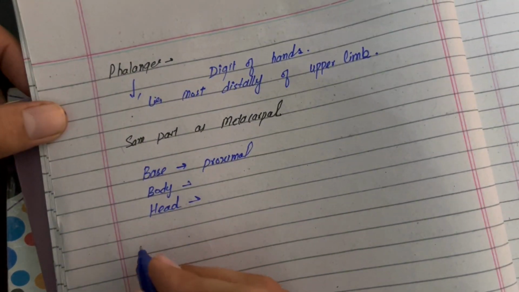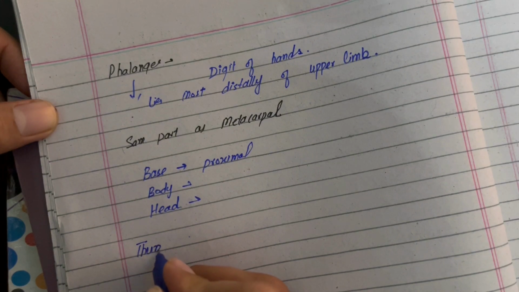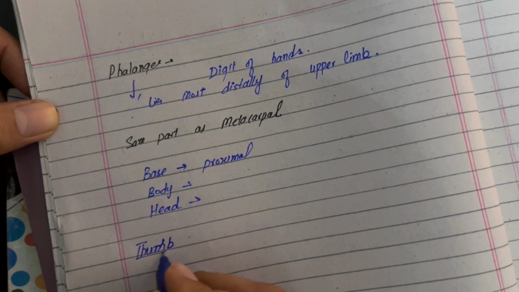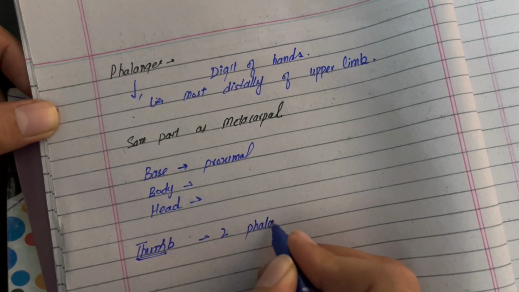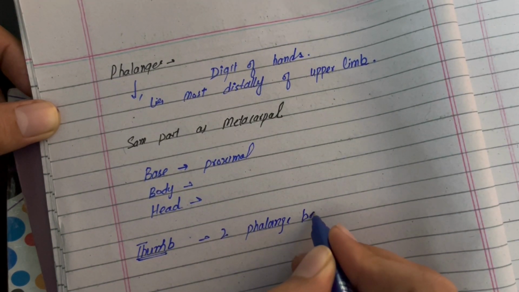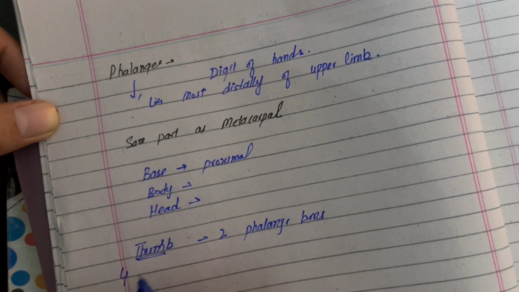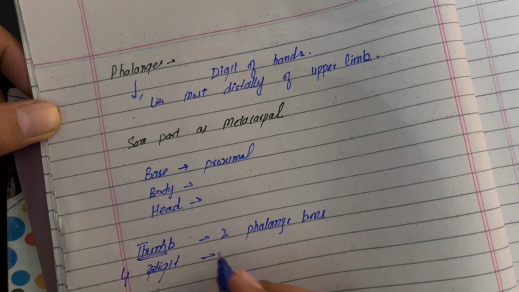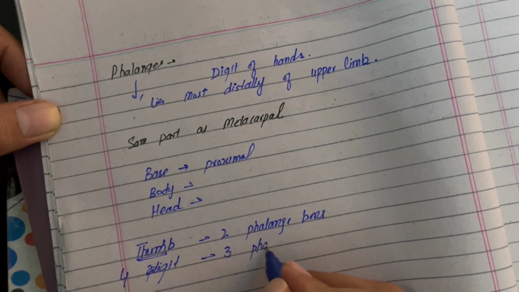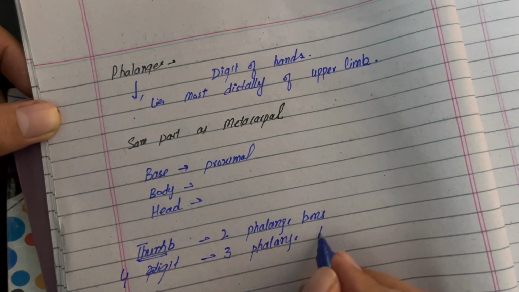Also students, the thumb has two phalanges, while the rest of the four fingers or digits have three phalanges.